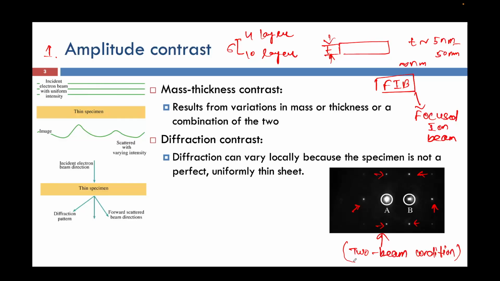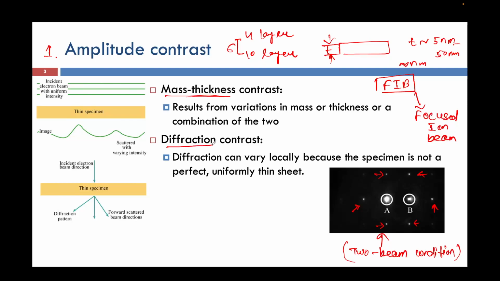So this is amplitude contrast, meaning the amplitude of the electrons that have interacted with our specimen will vary, either due to mass, or thickness, or both, or when diffraction takes place, right?